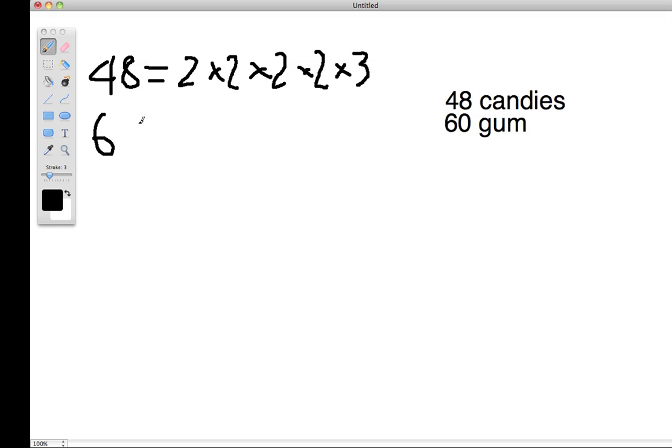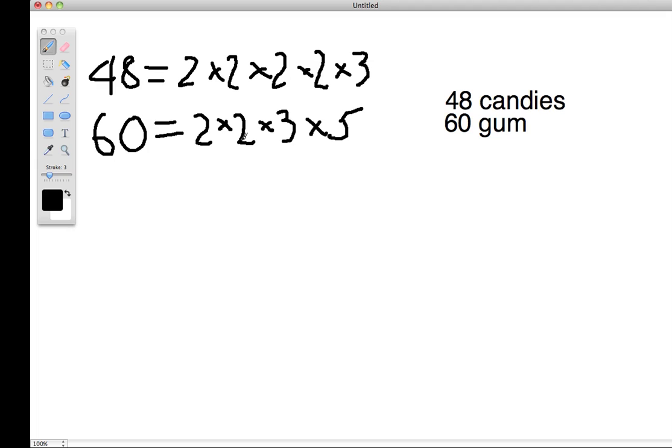60 is equal to 6 times 10, and 10 is 2 times 5, and 6 is 2 times 3. So let's try this: 2 times 2 times 3 times 5.